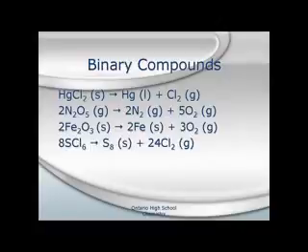Our second one here is dinitrogen pentoxide, decomposing to nitrogen and oxygen gases, and again we have the equation balanced as well. Our third one is a binary compound iron 3 oxide, decomposing to iron metal and oxygen gas.